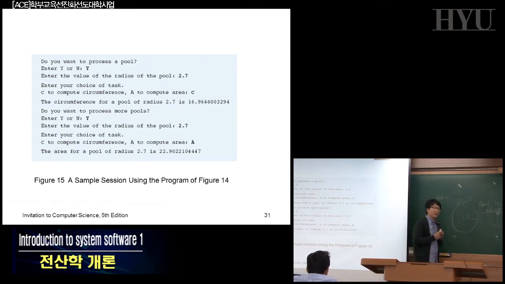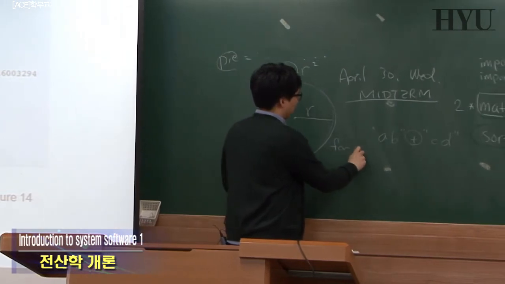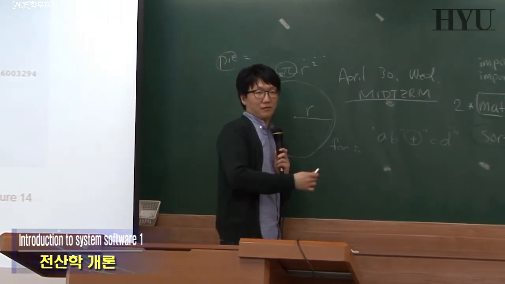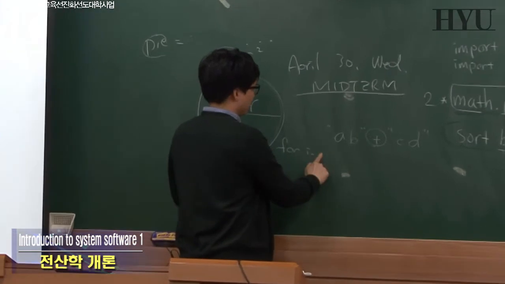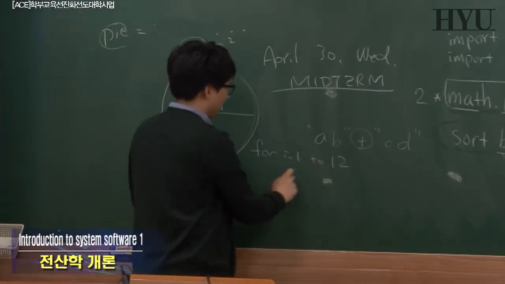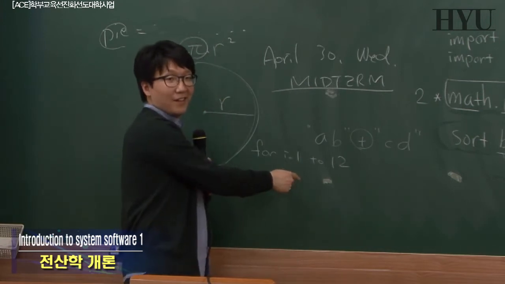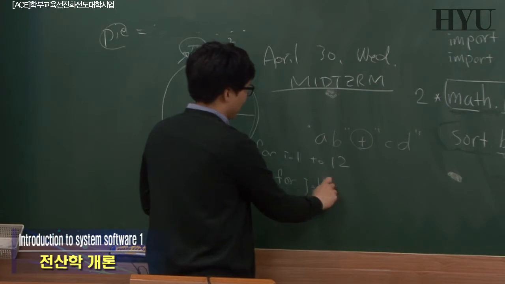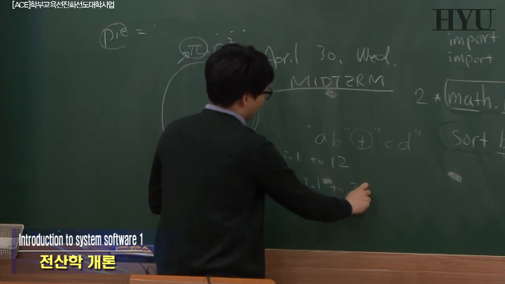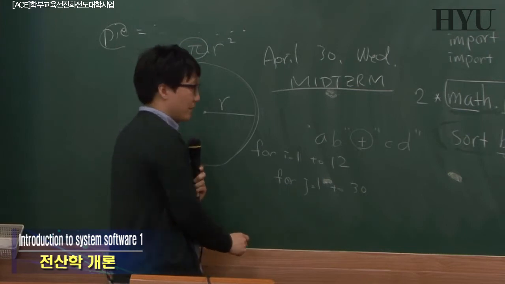멍청하게 생각하면 이렇게 할 수도 있겠지? January, start from 1 to what? 12. Each day 1 to 30th. 그죠? 그죠?